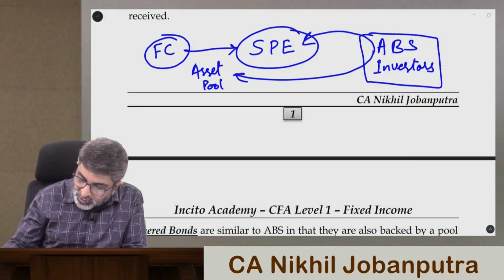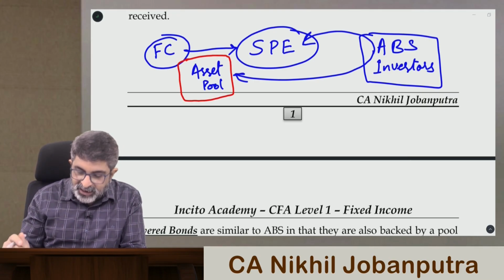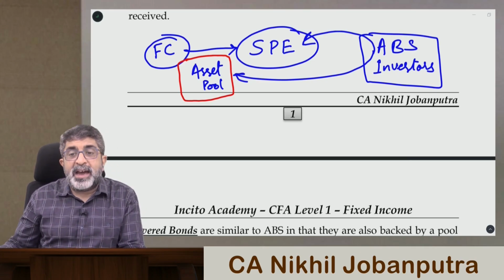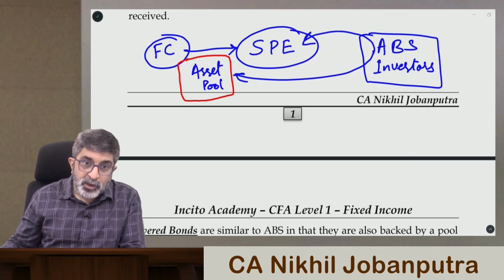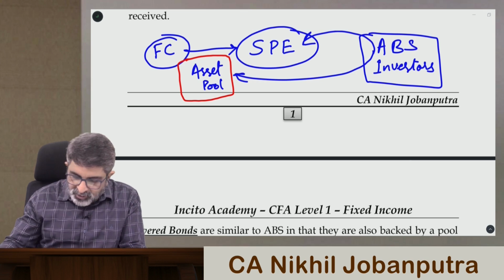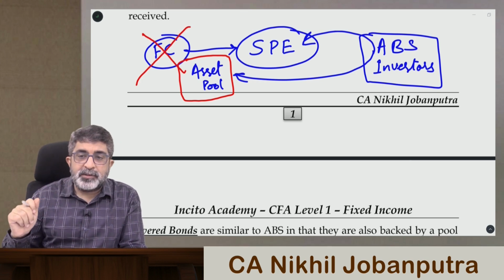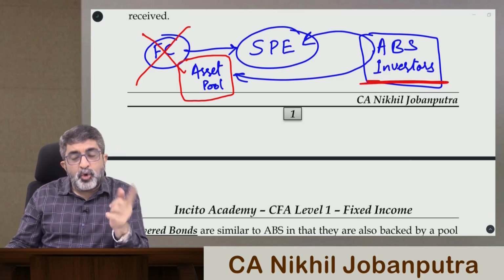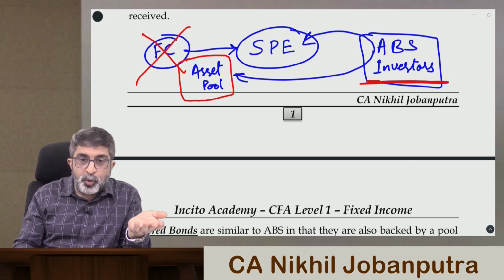On this trust, that is at the backing of this asset pool, they are confidently investing to buy the securities issued by the SPE. Now imagine something goes wrong with this finance company, it gets bankrupt. Our ABS investors have no trouble with that because they are not linked with that at all. These asset pools now belong to the SPE.